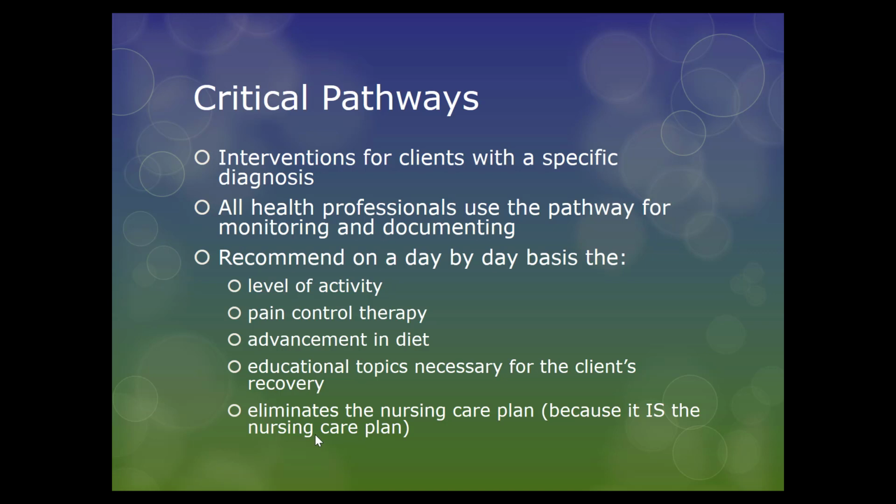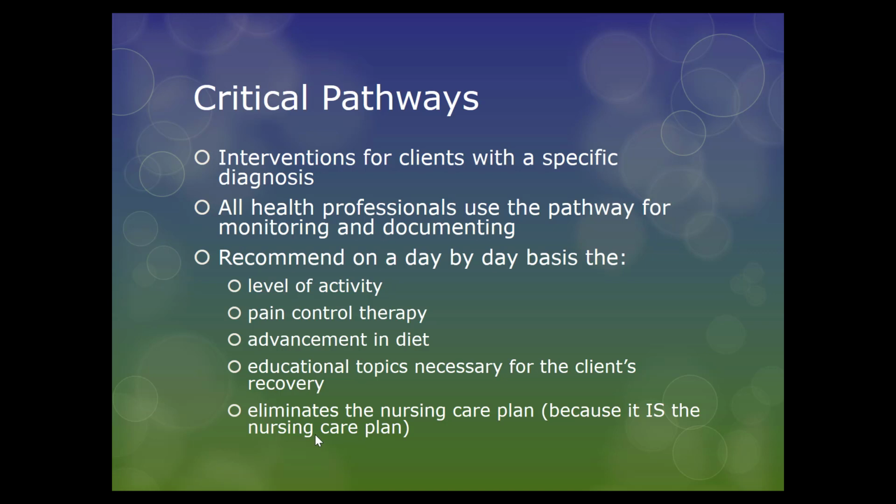So it's going to have their level of activity that's expected, their pain control. Usually the first 2 days post-op, the patient's going to be on IV type medication with this type of diagnosis. But once the NG is pulled and they can tolerate liquids or even some soft food, we can move them to oral types of pain medication. So all of that is going to be planned out. Their advancement in their diet is going to be planned out.